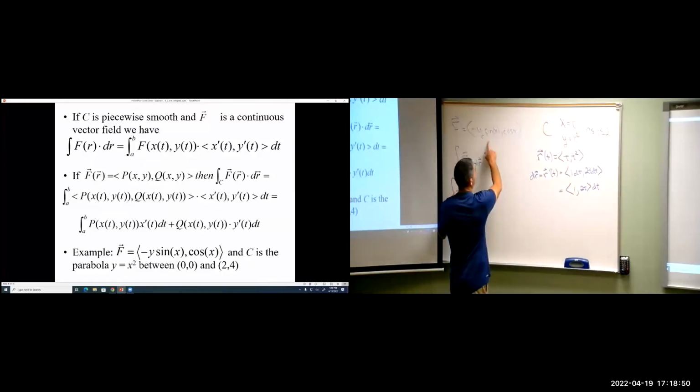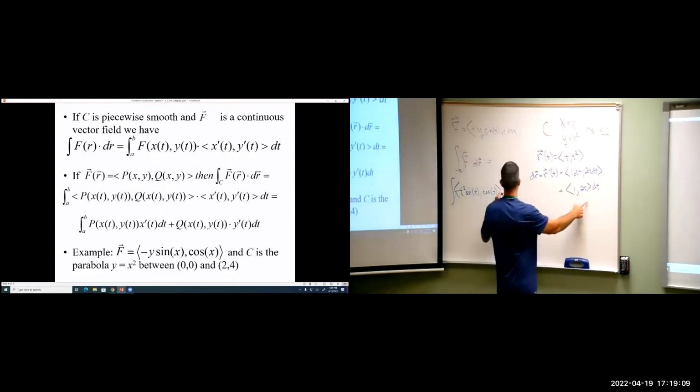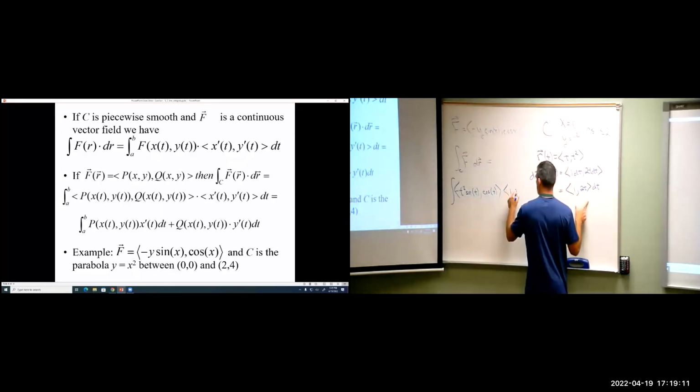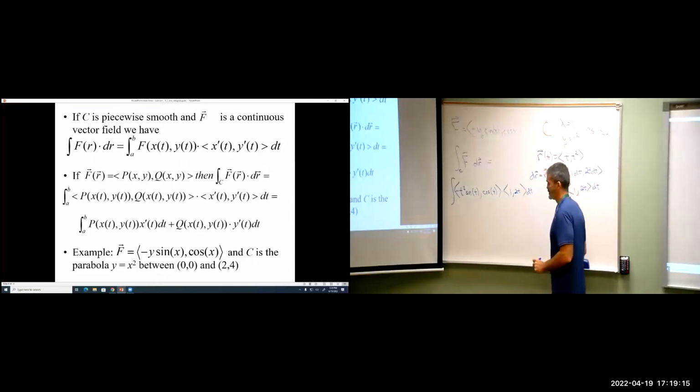So negative t squared sine of t, comma, cosine of t. This is going to get dotted with 1 comma 2t dt.